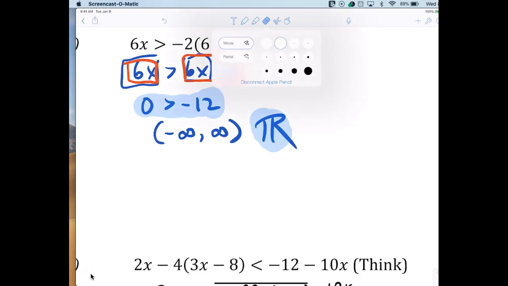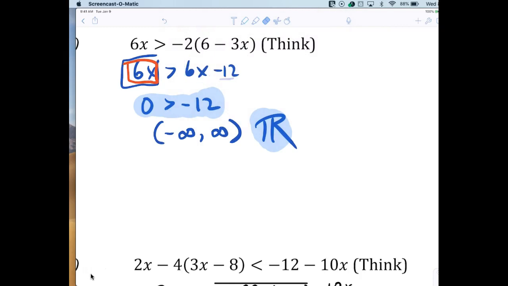Now, again, I would like everybody to just know, is it when is 6x greater than itself minus 12? Right? Always. If you start out with equals and you subtract 12, the one that you subtract is getting smaller. You agree with that? All right. Everybody happy with that? Everybody happy?